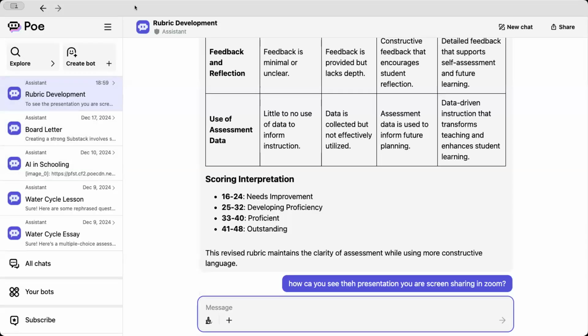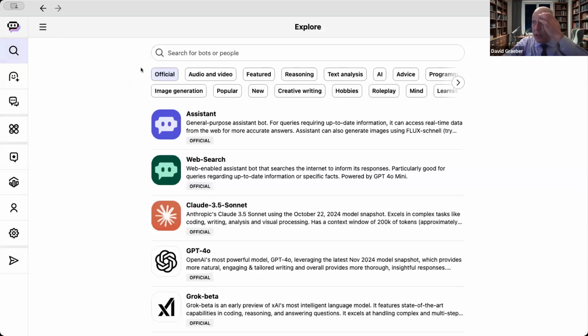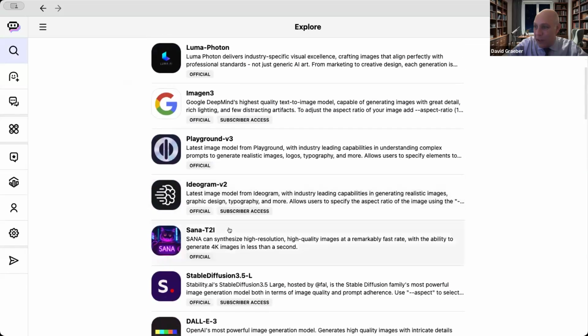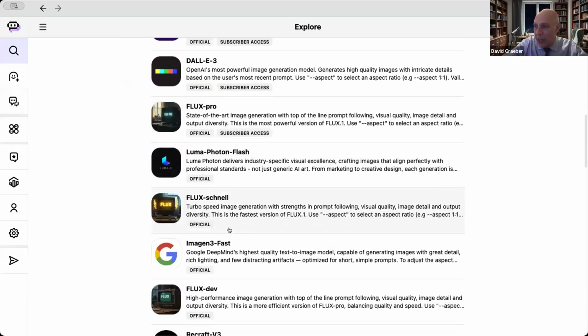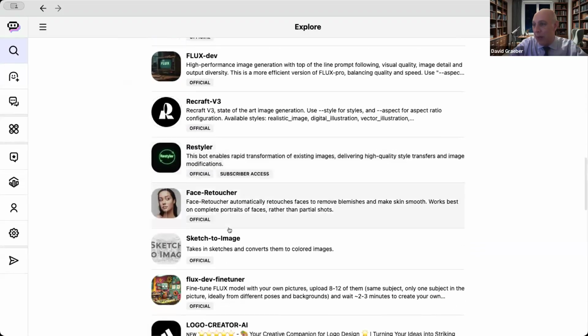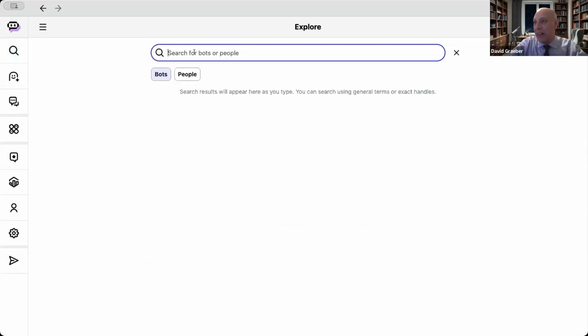Okay, cool. Thank you. As you can see, this is the one we've been using. We used it a lot, right? So I can go here to image generation and look, it tells me, you see what I'm talking about? Subscriber access, official. I can pick one, and they'll say how much you want to pay. So it's become a different thing, right?